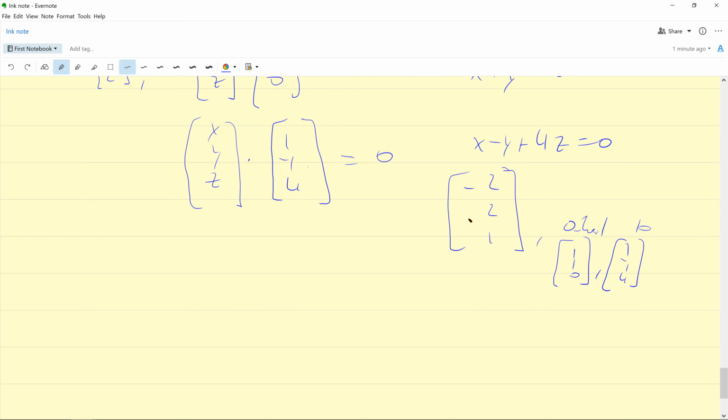So then we just make this into a unit vector. 4 plus 4 plus 1 is 9, so we divide everything by 3. So then our V3 is (-2/3, 2/3, 1/3).